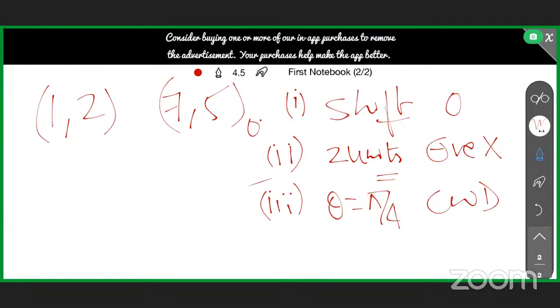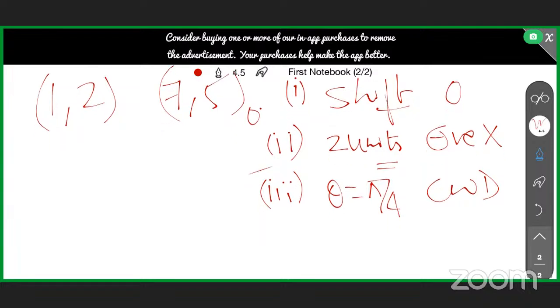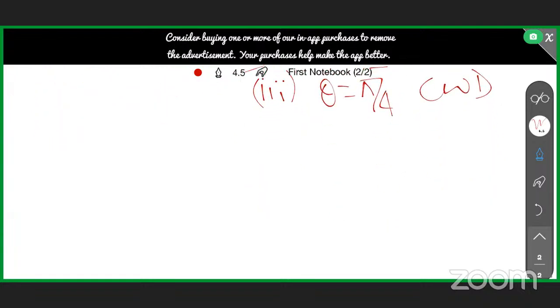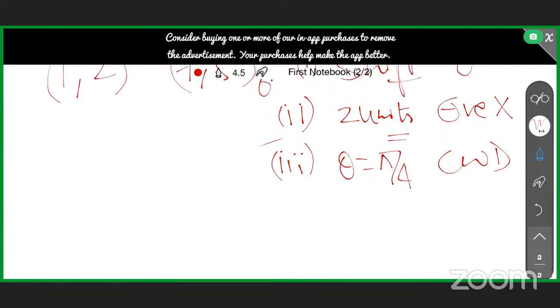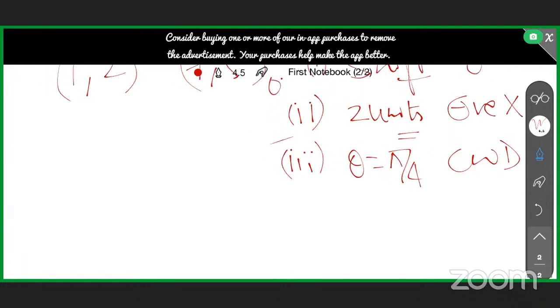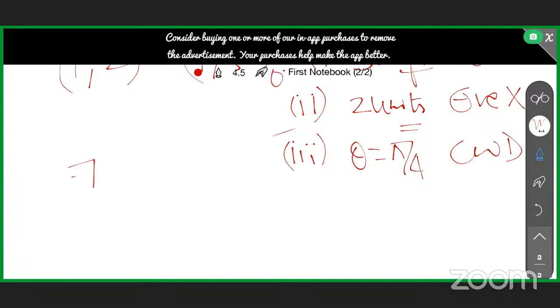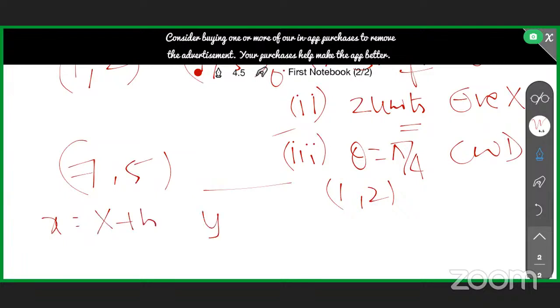Okay, now we'll solve this problem. The point 7, 5 is shifted to a new point when the origin is shifted to 1, 2. So we know that x is equal to capital X plus h and y is equal to capital Y plus k.